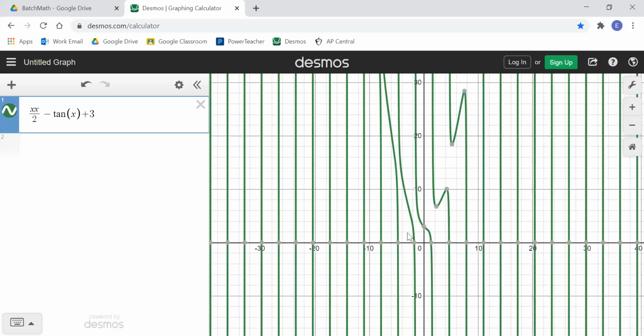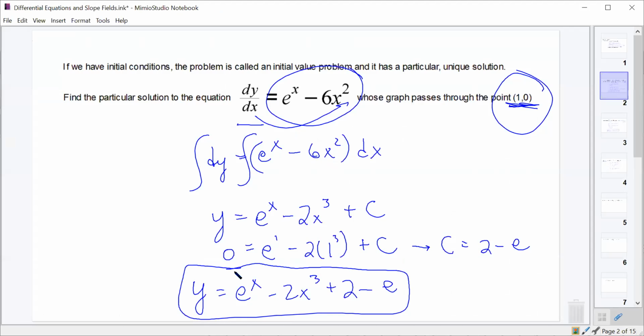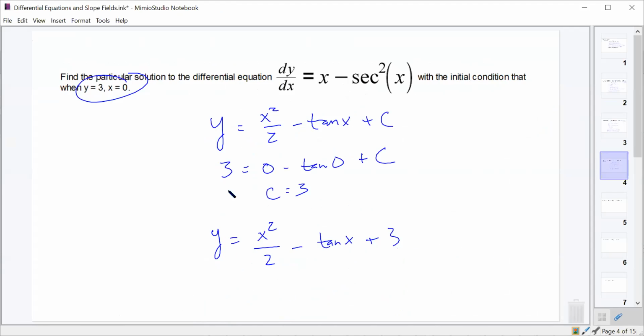But we've got all these vertical asymptotes, right? So anytime that your particular solution to your differential equation has asymptotes, or has any sort of discontinuities in it, you have to take that into account.